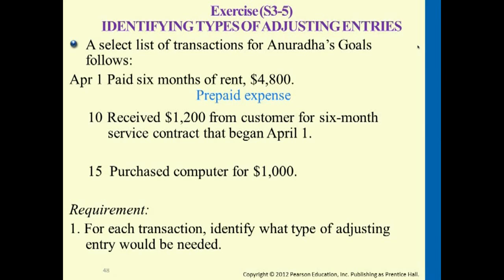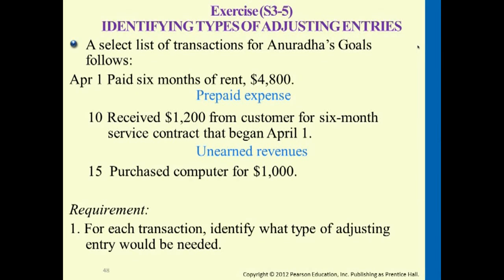On April 10th, received $1,200 from the customer for a 6-month service contract that began April 1st. So you're collecting a bunch of money in advance from the customer, meaning later on you will have to turn that part of the liability into actual service revenue. So this will be under the category of unearned revenue, exactly, collecting cash in advance.